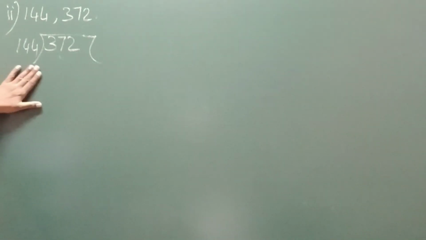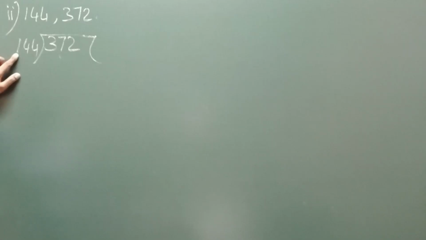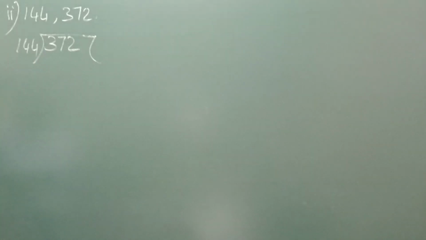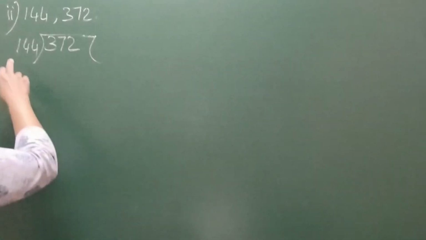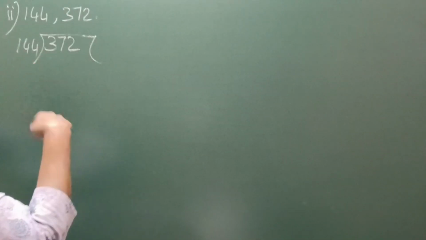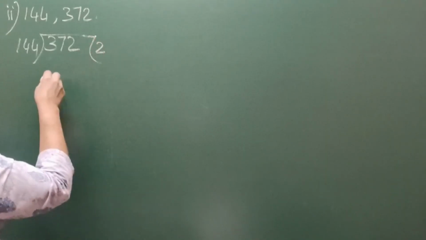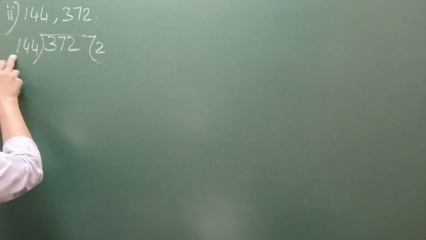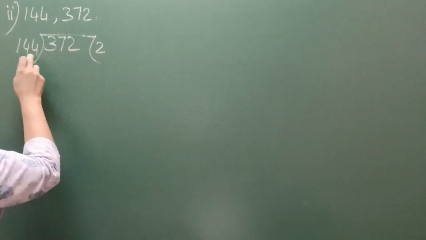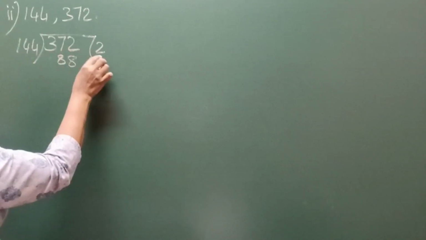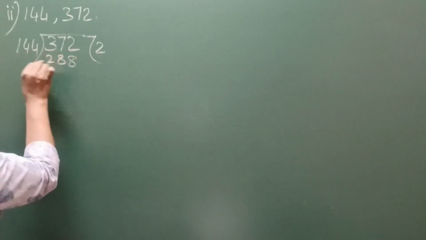Here again take 1 and here it is 3. 1 3 is 3, but we will go for 1 less, that means 2. Now multiply all these 3 digits. 2 fours are 8. 2 fours are 8. 2 ones are 2.